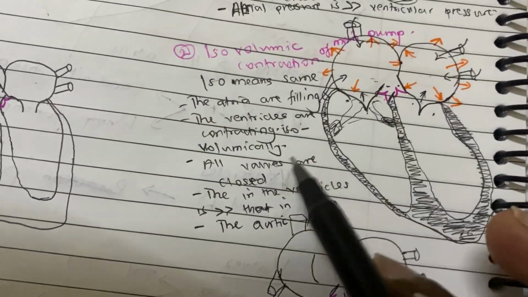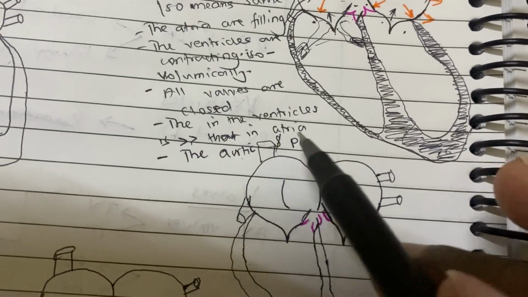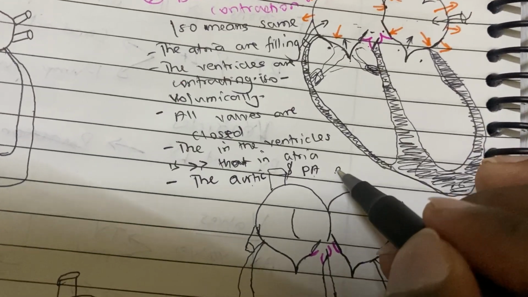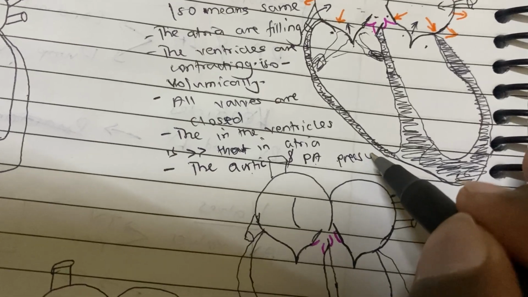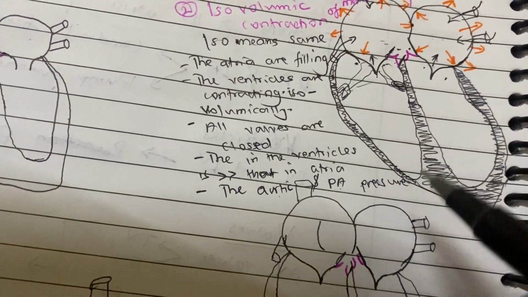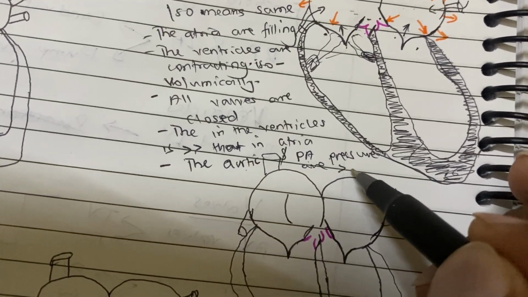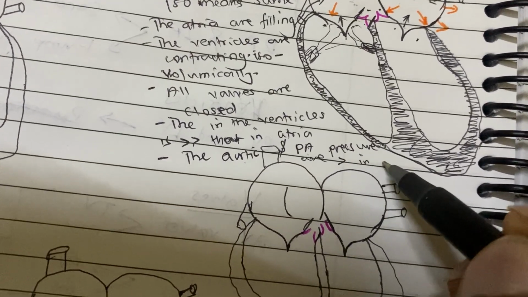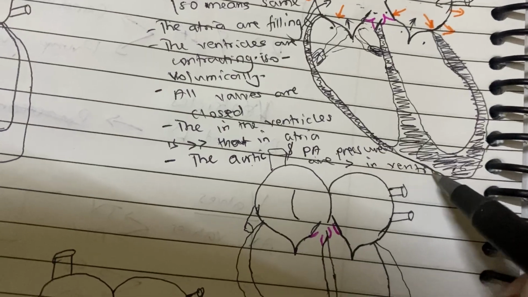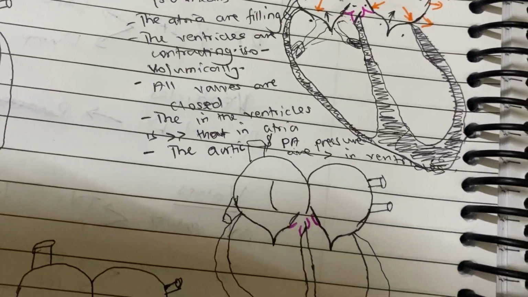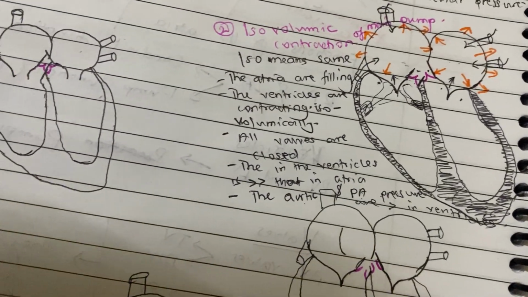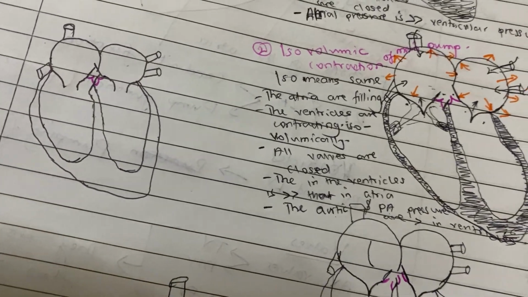Aortic and the pulmonary artery pressure are more than that in the ventricles. So since it's more, that's what keeps these valves closed.